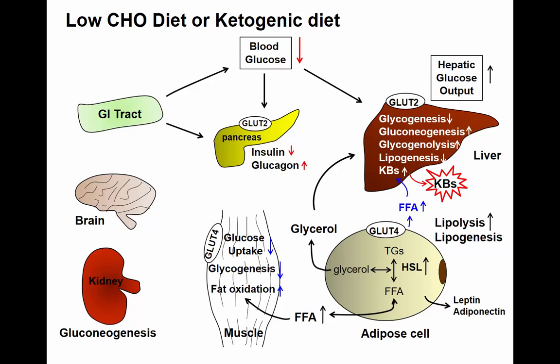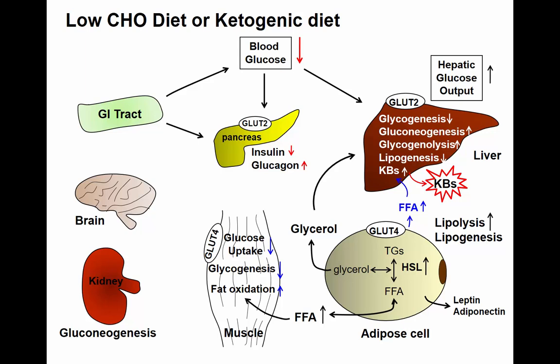You have lower insulin secretion and higher glucagon levels, and this will change the metabolism in the different tissues and organs, particularly muscle, adipose tissue, and liver, the three major metabolic tissues.